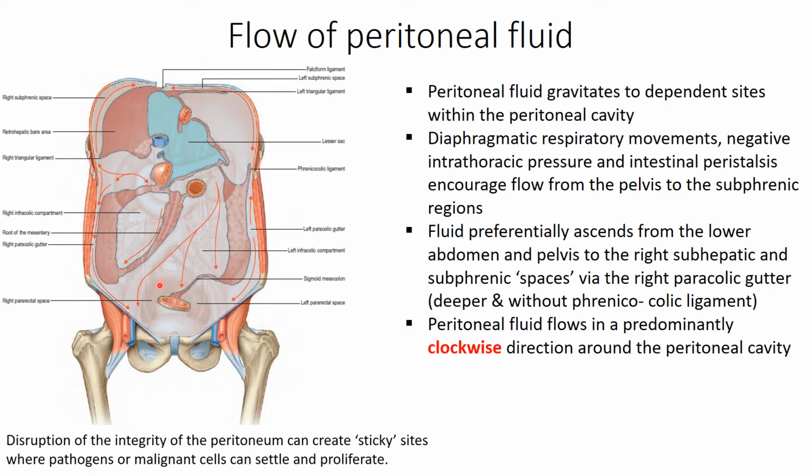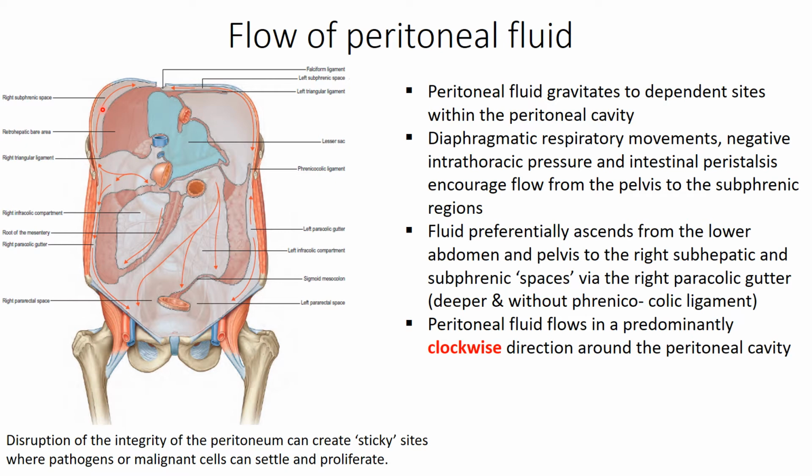And from these dependent portions, the fluid finally gravitates towards the right subhepatic and right subphrenic spaces, and this is only because of the diaphragmatic respiratory movement, the negative intrathoracic pressure, and the intestinal peristaltic movement.